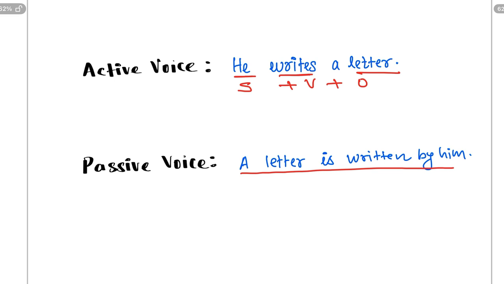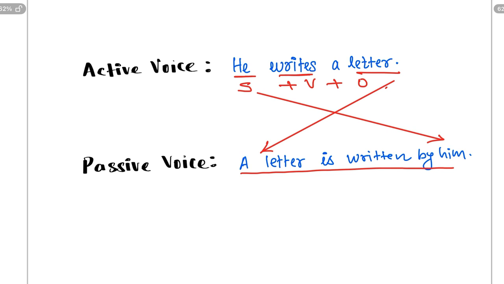So what are the changes we see when we change an active sentence into a passive sentence? So let us see. The object in the active sentence, a letter, has become the subject in the passive voice. Similarly, the subject of the active voice has become an object in the passive voice.